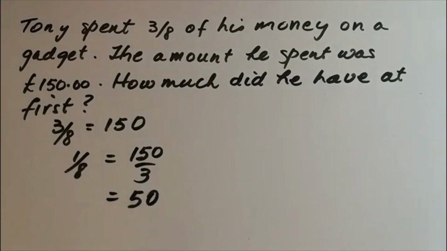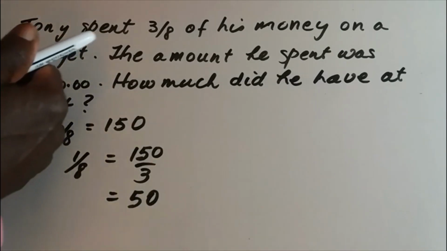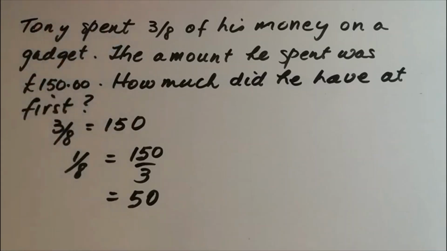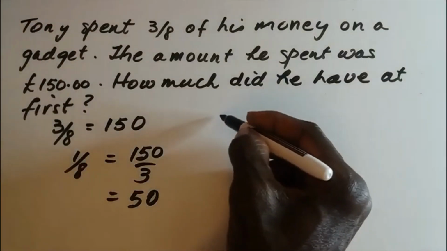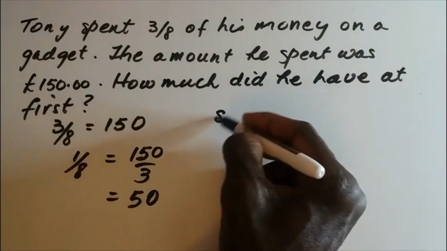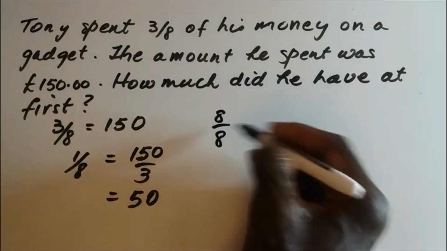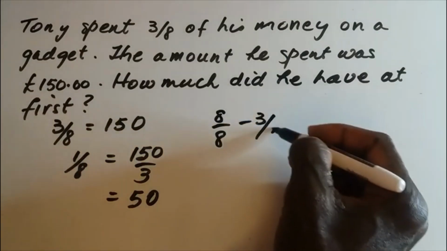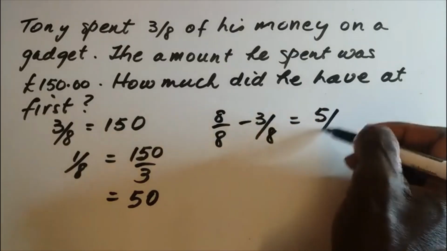So if we know 1/8 of his money is £50, and he spent 3/8 of it, then he started with a whole and spent 3/8, so he would have 5/8 left there.